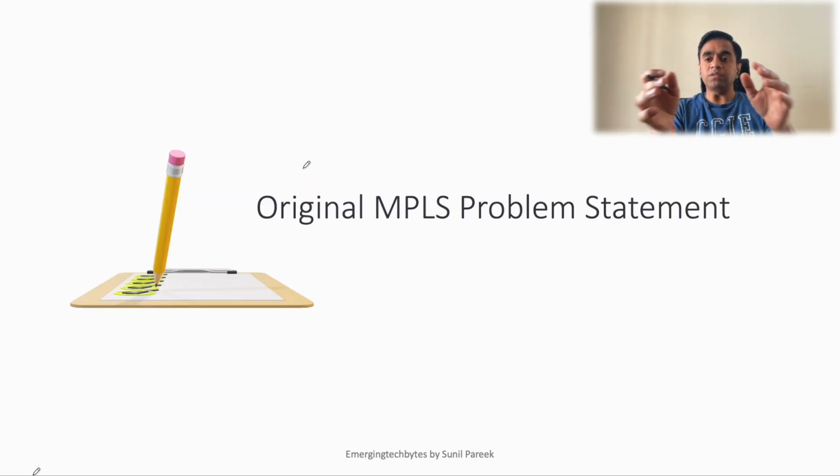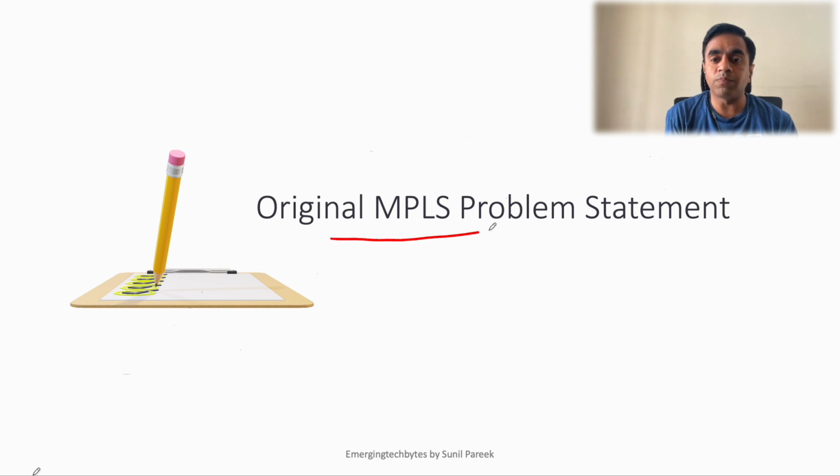So now let us look at some of the original MPLS problem statements that were there on the table for this working group. And from here, we will see how MPLS was solving it, and soon it became a solution adopted by almost all the SPs in the world.